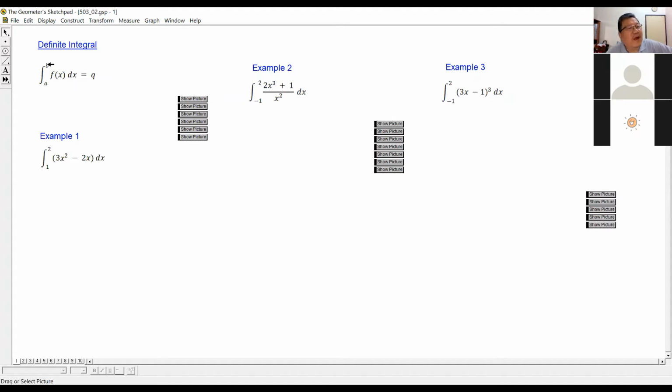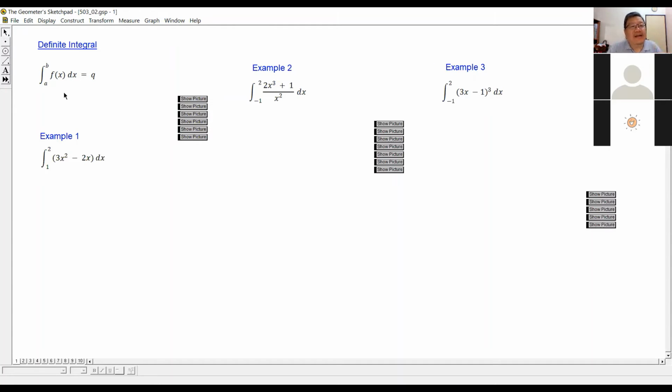Now, if you look at the question, a definite integral has the upper limit and the lower limit. Upper limit is b, lower limit is a. Then followed by a function which you have to integrate with respect to x.